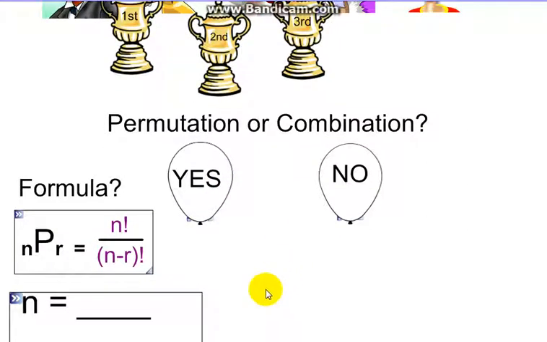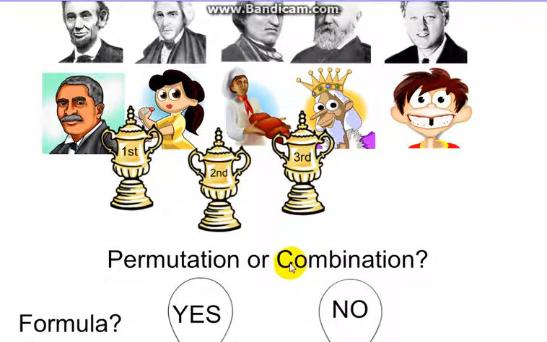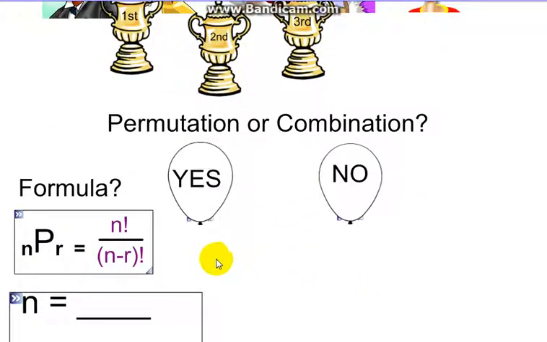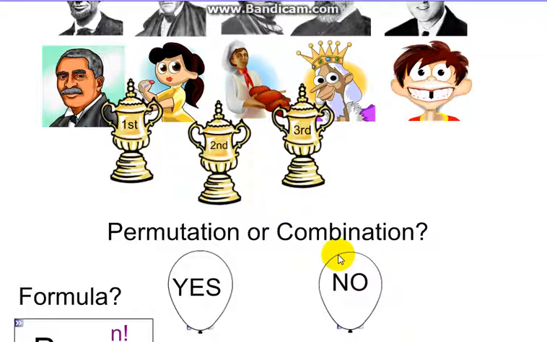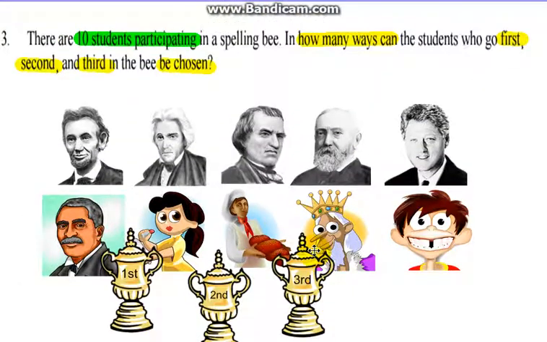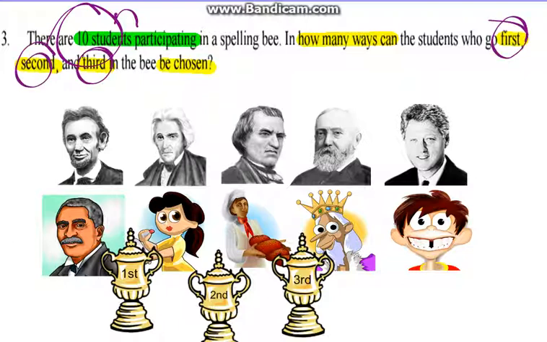The nPr formula, N being the number of items, R being the rate. So we're going to use this formula, and we need to pick out our N and our R. N, the number of items, we've got 10 students, so that's our N. And R, well, we've got a first, a second, and a third.